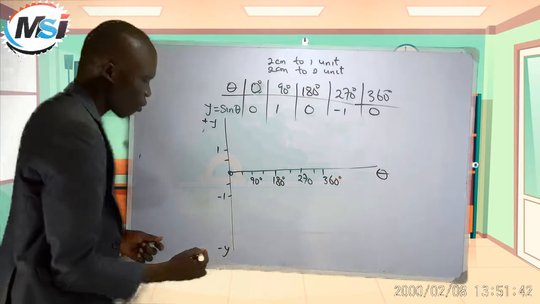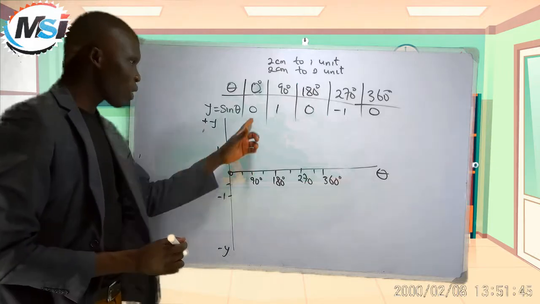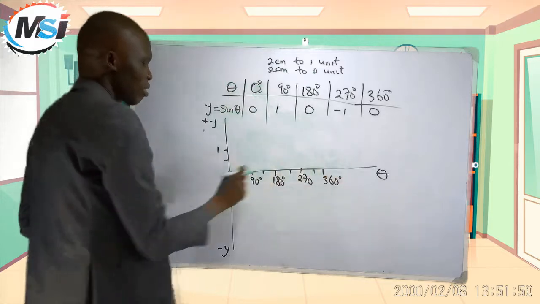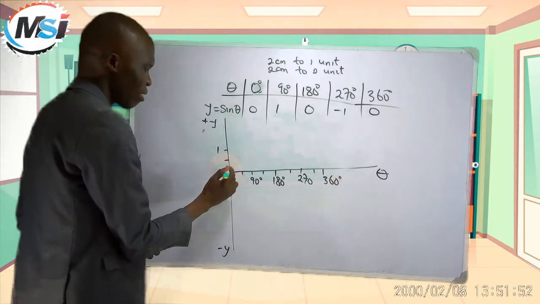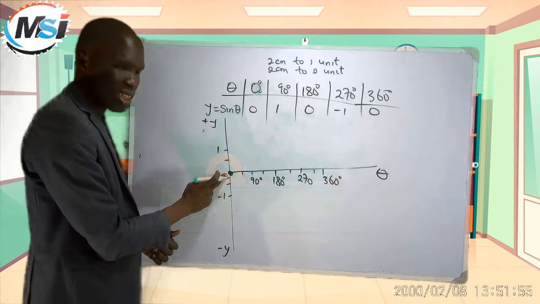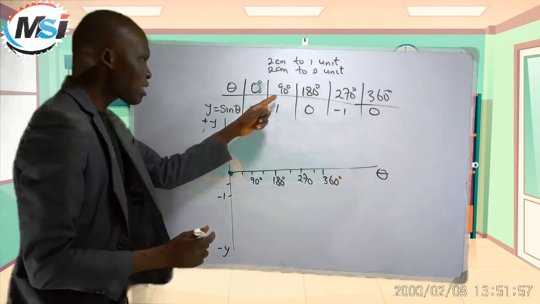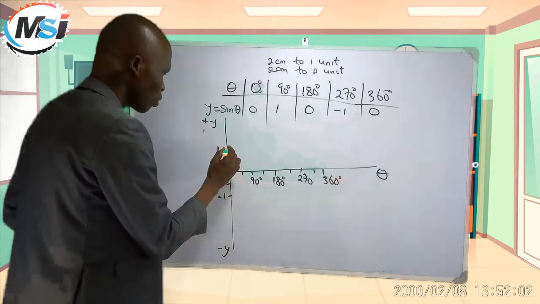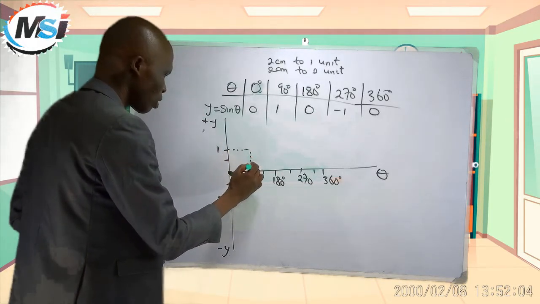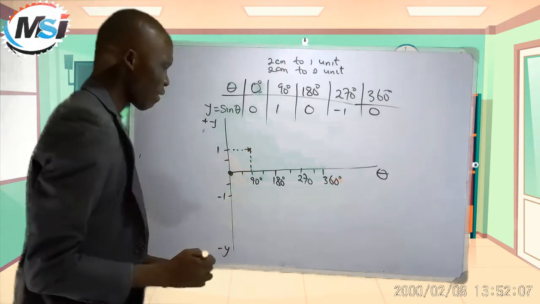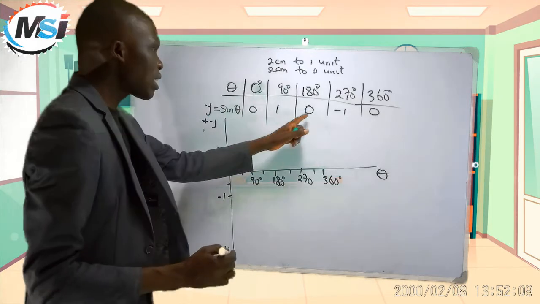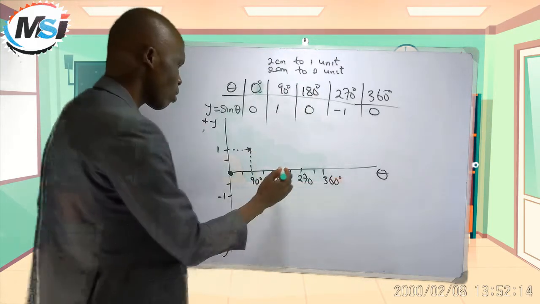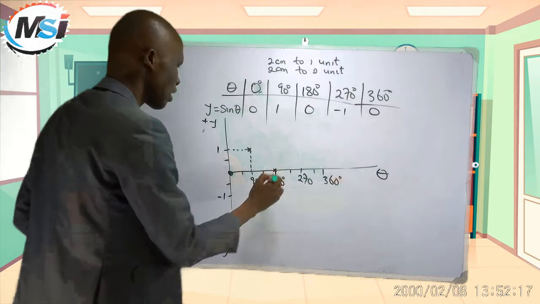Now from here we can trace it: at theta 0, y is 0. We start here. At 90 degrees, y is 1. You trace it. At 180 degrees, y equals 0.